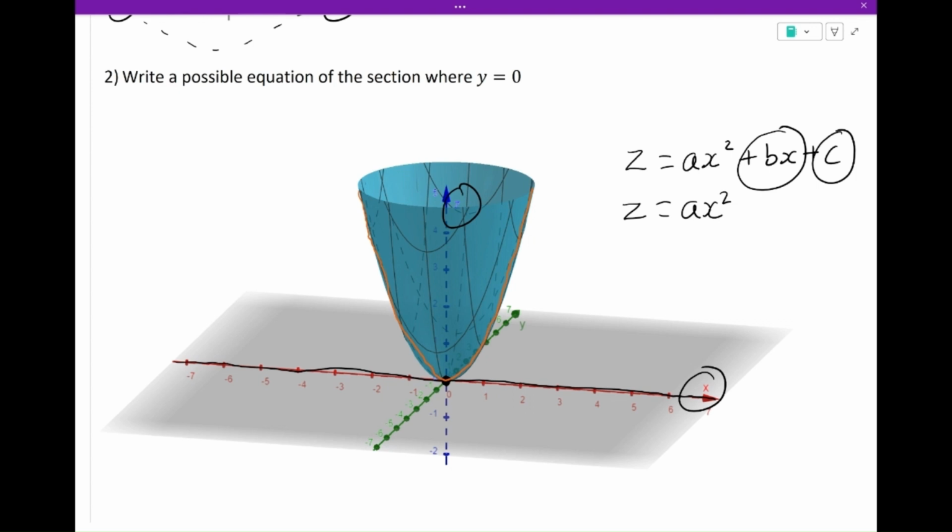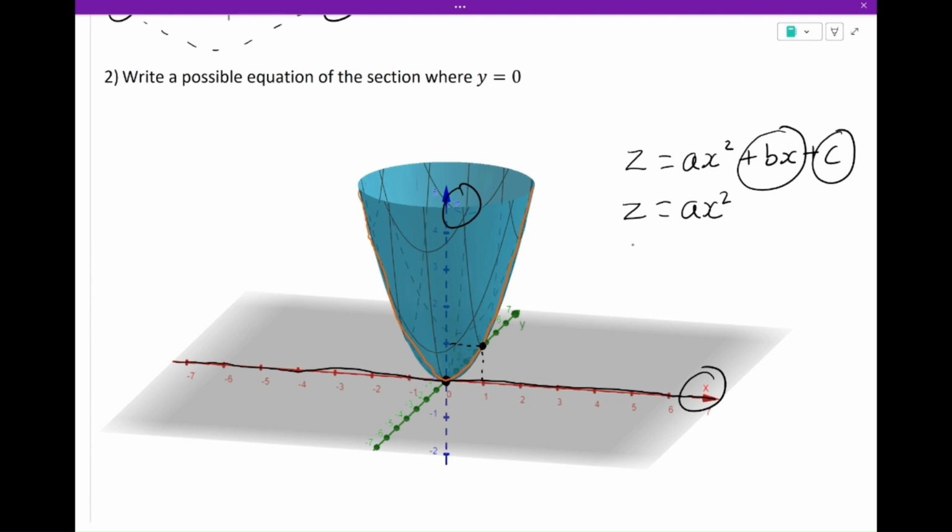If I wanted to figure out a, I'd have to look for a point which is on the curve. It's not drawn very visibly, so I can't definitely be sure what the coordinates are. But if we make the assumption that this point here has a z coordinate of 1 and an x coordinate of 1, that's enough information to find our unknown a.